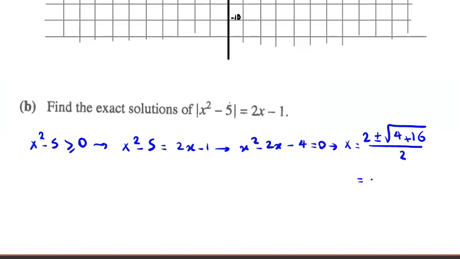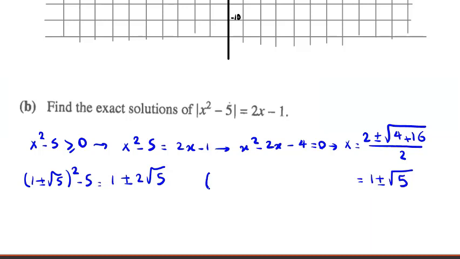If you divide by 2, it will be 1 plus minus root 5. And if we check 1 plus minus root 5 squared minus 5, it will be 1 plus 5 minus 5, 1 plus minus 2 root 5. And we see only plus works here, because if you consider negative, it is at least 4 negative, and negative 4, it will be negative.